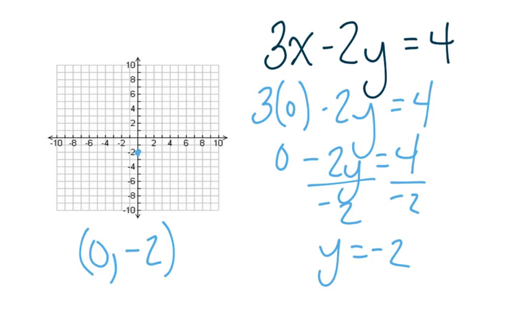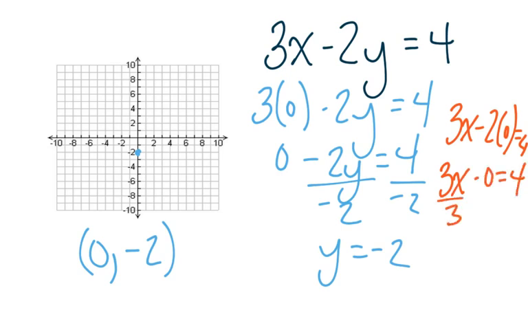And then we would do the same thing, and we'd plug in 0 for y, so 3x minus 2 times 0 equals 4. And we get 3x minus 0 or plus 0 equals 4, and then divide by 3.